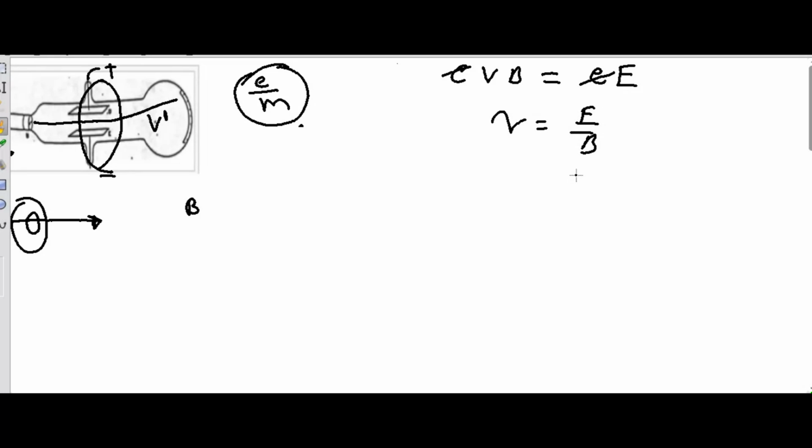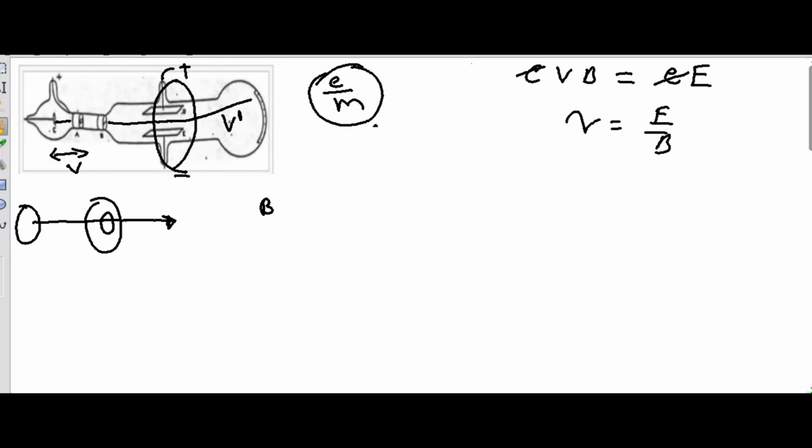Now we have got a relationship for the velocity, V equals E by B. One thing to note here is, let me try to find the value of V. To find it, I will use the formula of kinetic energy.